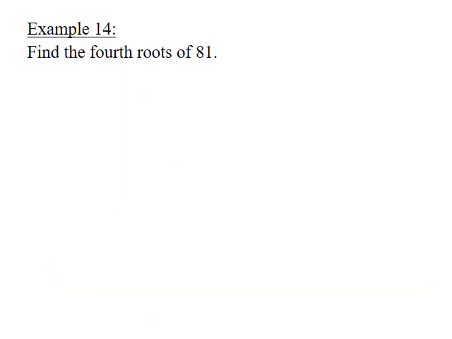In this example, it says find the 4th roots of 81. Now, if I take the 4th root of 81, I know that there are 4 results. You probably only know the real results, 3 and -3, but there are also some imaginary results that can be found by using those formulas.